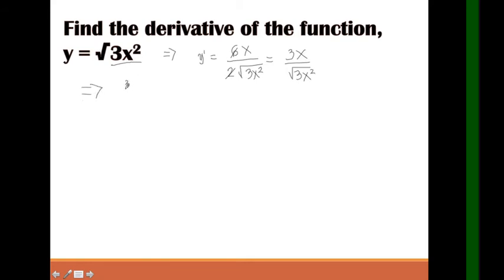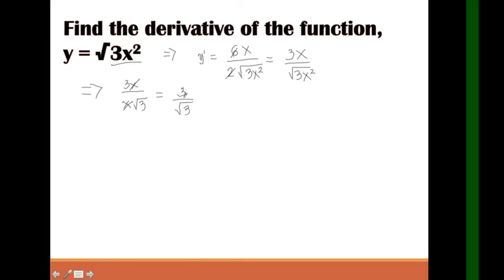So we have 3x over square root of x squared. Square root of x squared is x. Square root of 3, matitira si 3 because square root of 3 cannot be simplified, hindi siya pwede. So then we can cancel the x here. Then we have 3 over square root of 3.